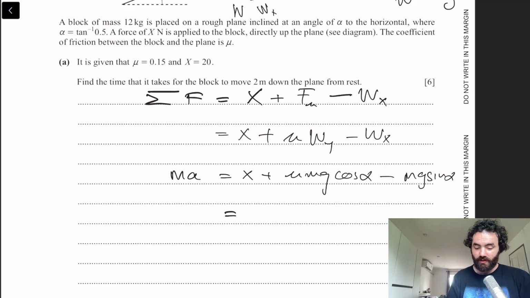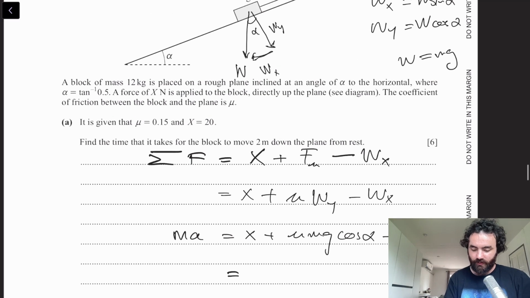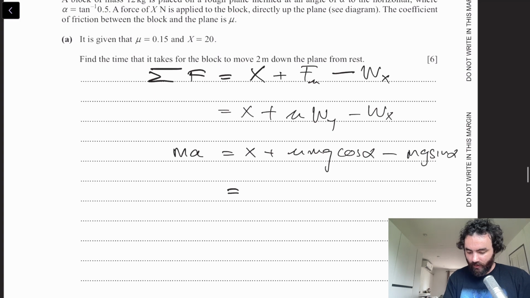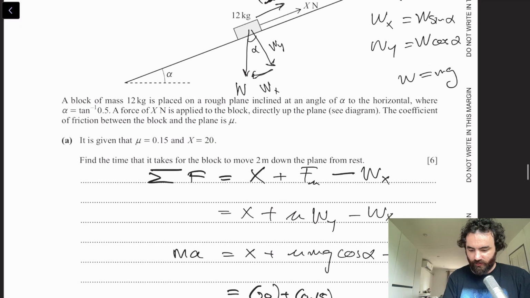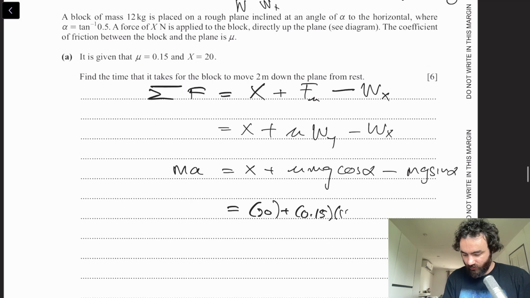Okay, we're finding the acceleration, because if we find the acceleration, we can find the time. Okay, so this is 20 plus mu is 0.15. Mass times gravity is just 12 times 10, which is 120 cos alpha they have here, minus 120 sine alpha.